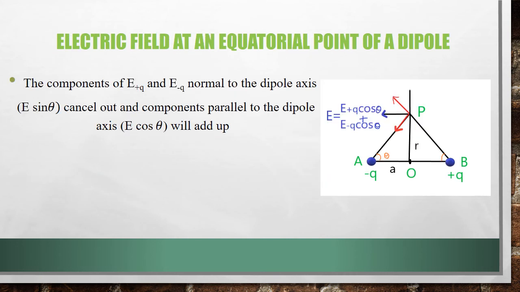The components of the fields due to plus q and minus q charge normal to the dipole axis are E sin theta, and that will cancel out, and the components parallel to the dipole axis are E cos theta, and they will add up. Therefore, the resultant electric field is E equals 2E cos theta.